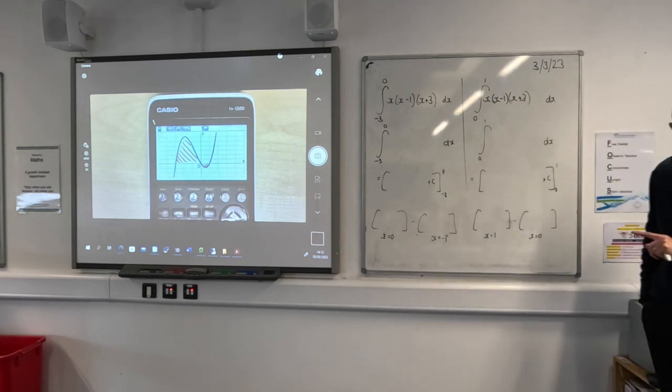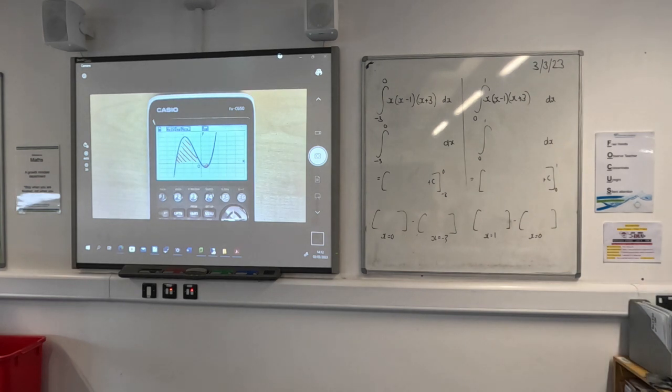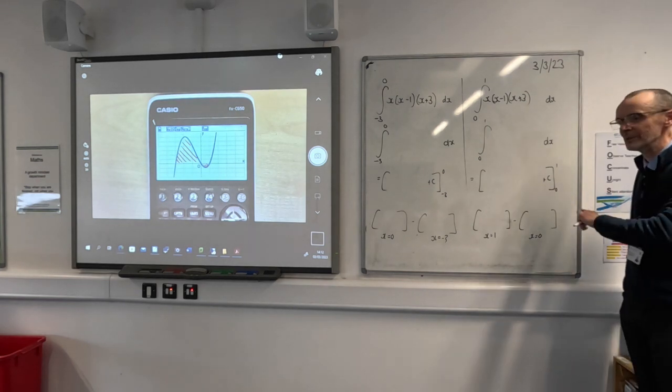Because the good news is you've only actually got 3 values to substitute in. I mean, actually 0, we know what's going to be anyway.